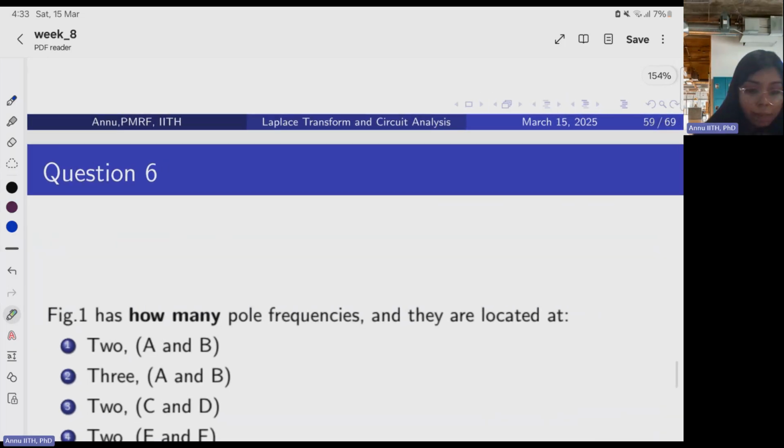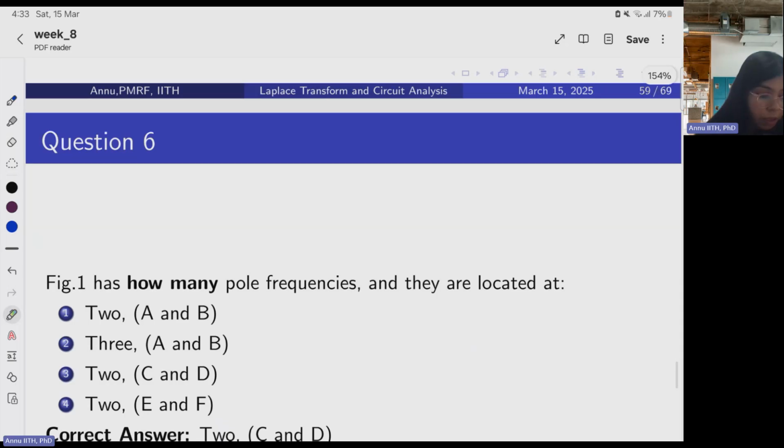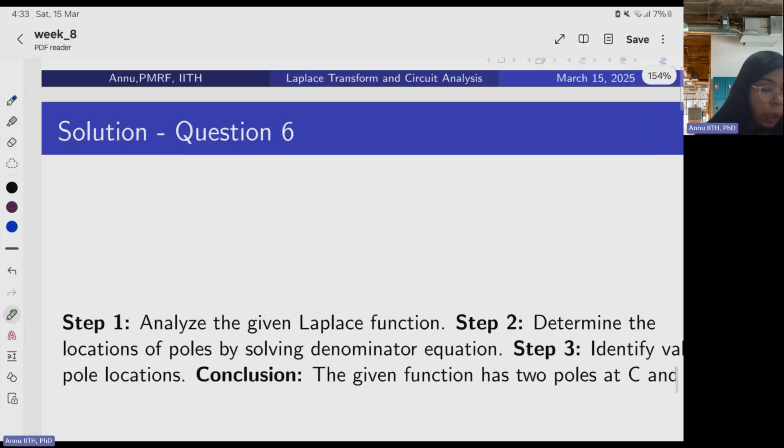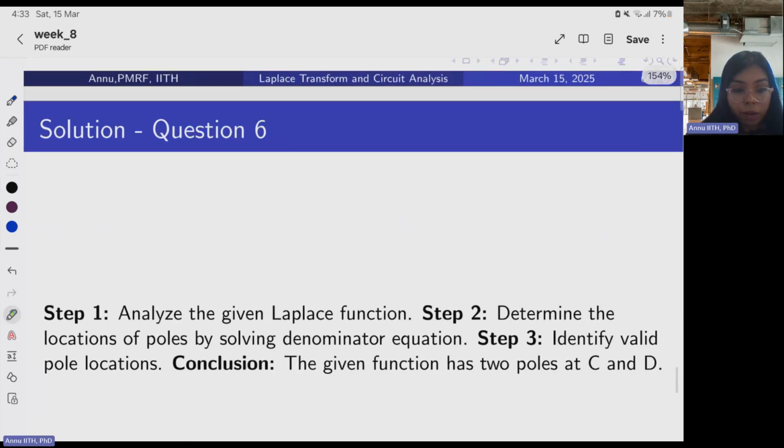So figure 1, I didn't prepare figure 1, so you can delete this question. In order to get the figure solution, you have to follow these steps.